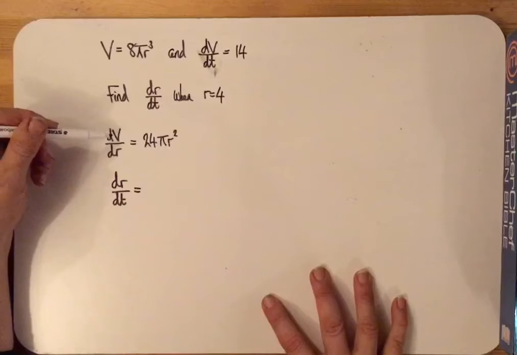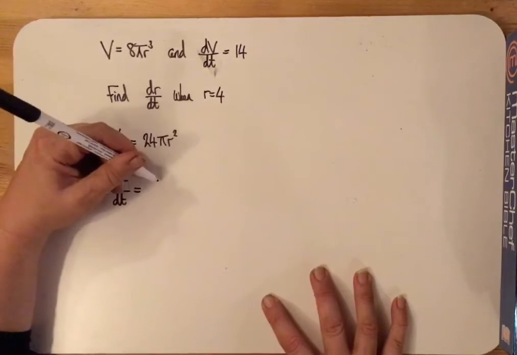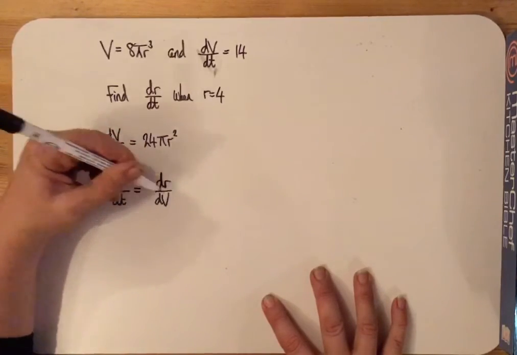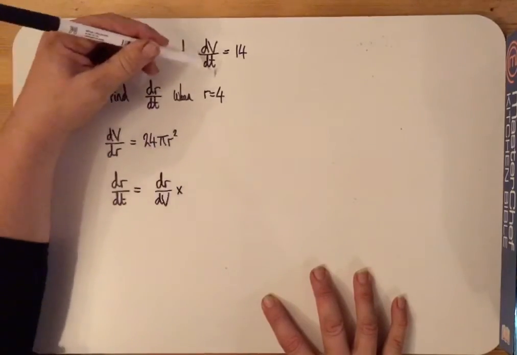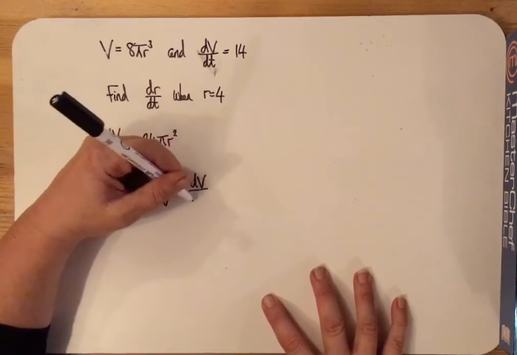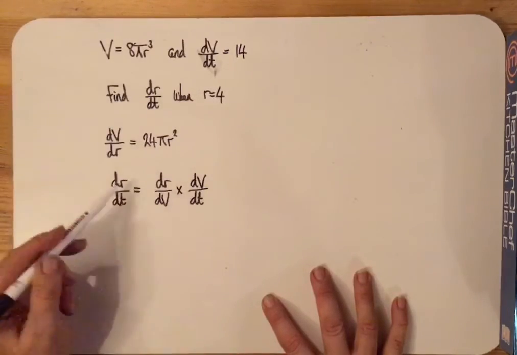So I don't want V on top, I actually want the dr on top. So I need to do dr/dV times dV/dt. So it's just linking them together. And then the dV's cancel off, leaving you dr/dt.